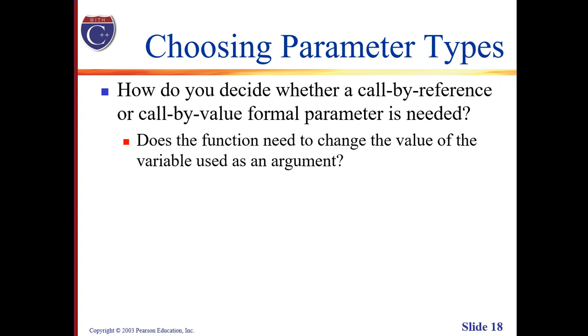Otherwise, if we're going to use the value provided as an argument local to the function only, then we can just use call by value parameters. Otherwise, if we have to reflect every change all throughout the program, then that's the time that you need to use a call by reference parameter.